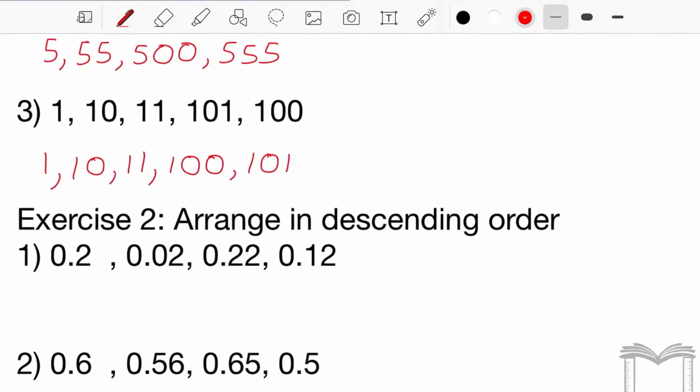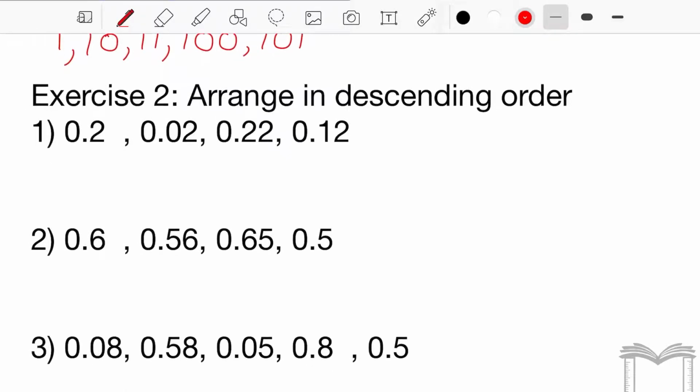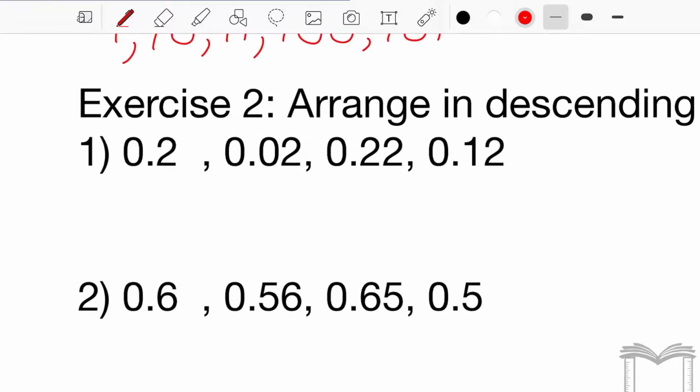Exercise 2. We are to arrange these numbers in descending order. So descending order means largest to smallest. So here we have some decimal numbers.